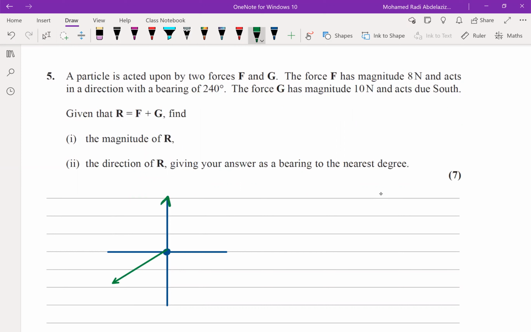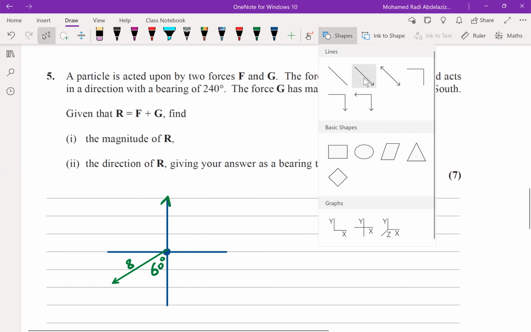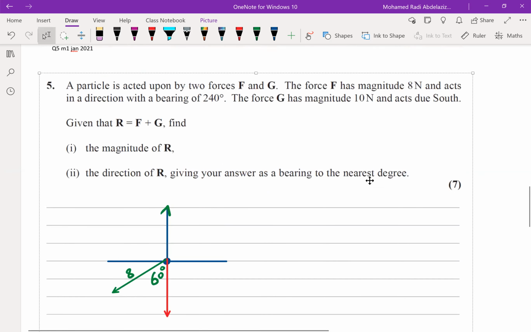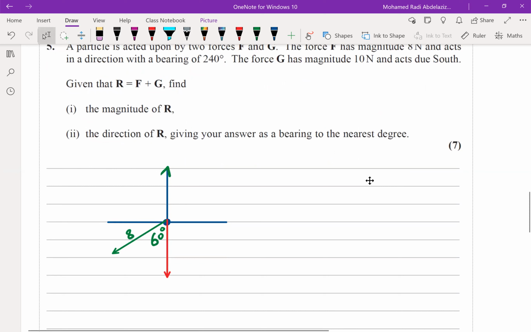So 90 plus 90 plus 60 gives 240. This is the direction of the first force, which is 8 Newton. The second force is 10, acting south. So this is the direction of the second force, which is 10 Newton.